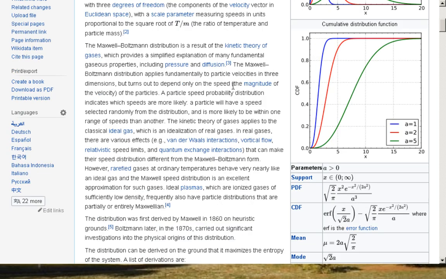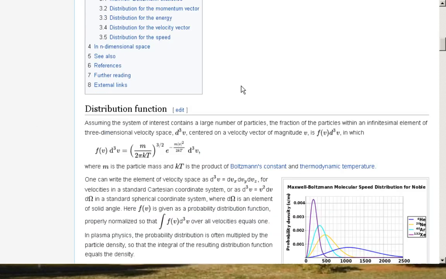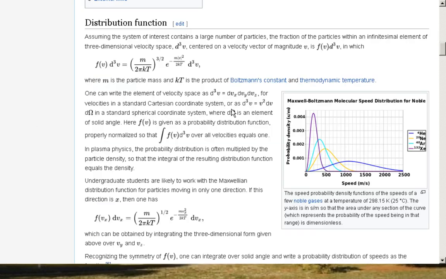What is CDF? We're talking about gases and plasmas. Distribution function. Thermodynamic temperature. Now, kT.